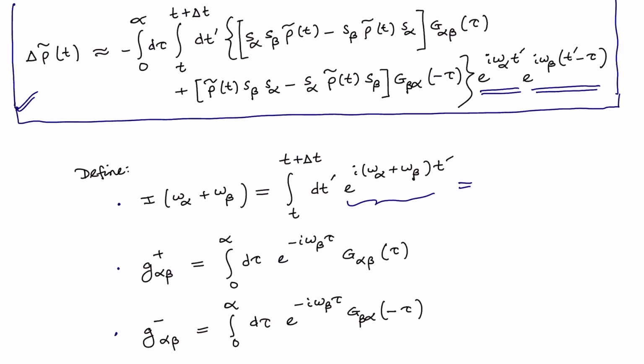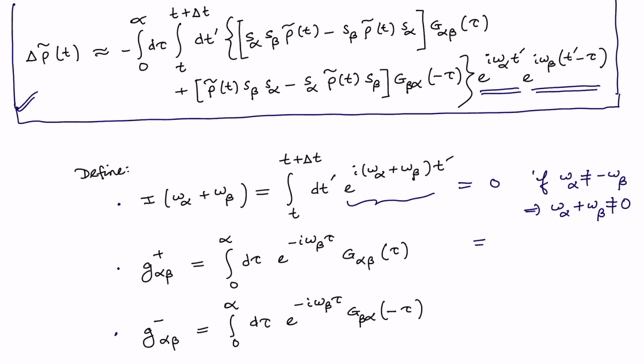If you take the time average, this is going to give me 0 if omega alpha is not equal to minus omega beta. That means if omega alpha plus omega beta is not equal to 0, this term will oscillate very highly, and if we take the time average, this is going to give me 0.